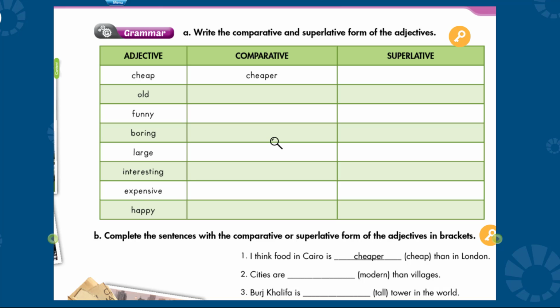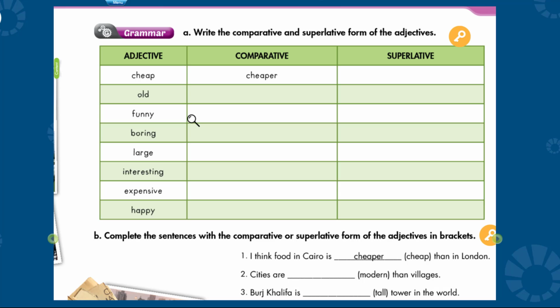Here we have 3 columns. The first one is kind of adjective, the second one is comparative adjective, and the third one superlative adjective. Right? Now, the first one, cheap. Cheap is an adjective have one syllable, so in comparative we add er, and in superlative adjective we add est, right?